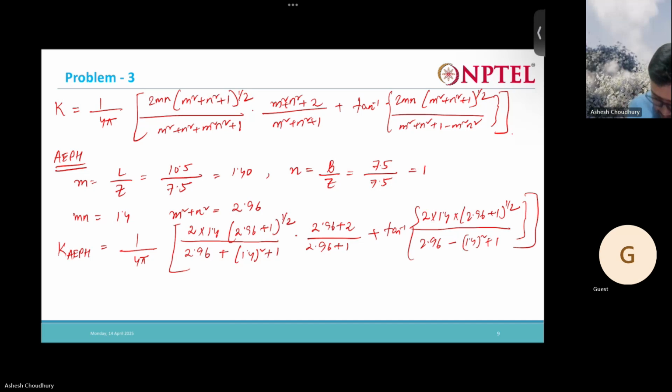Okay, so remember to set your calculators into radians while you calculate this value. So it is 0.2.